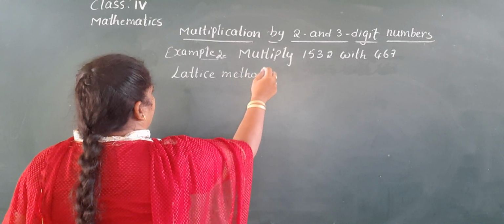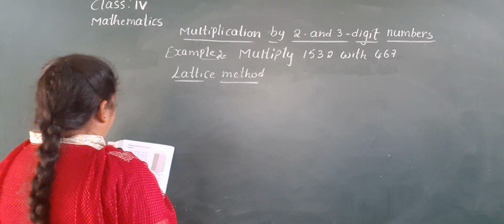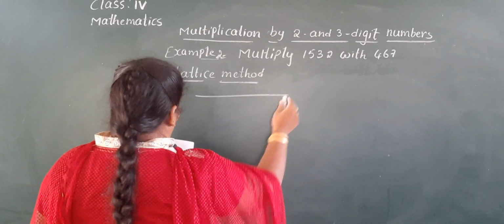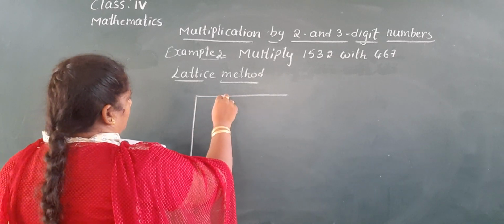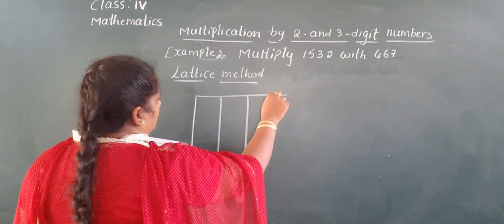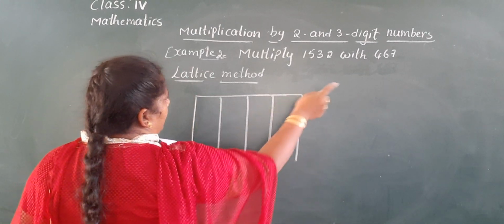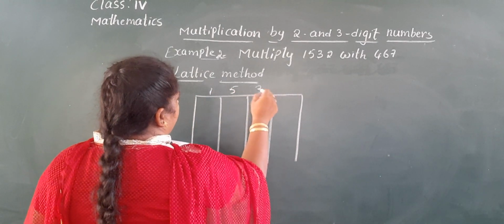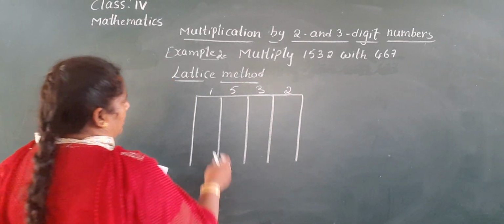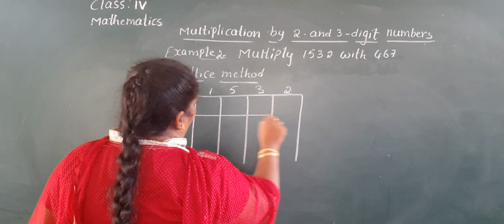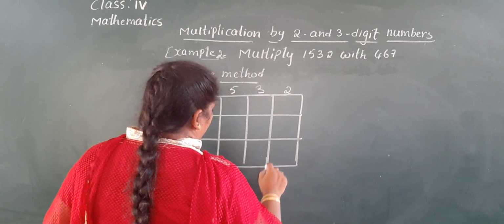So how many digits are there in the multiplicand? Yes, 1532. So make the 4 columns. 1, 2, 3, 4 columns. And the multiplier is 467, having 3 digits, Nana. So 1 row, second row, third row.